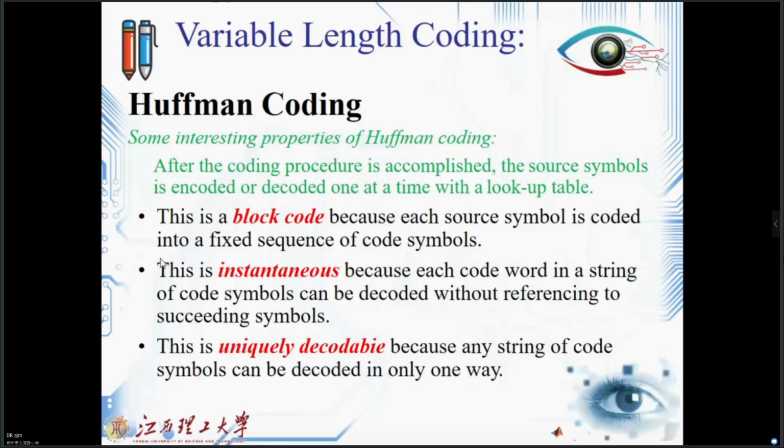This is instantaneous because each code word in a string of code symbols can be decoded without referencing the succeeding symbols. This is uniquely decodable because any string of code symbols can be decoded in only one way.